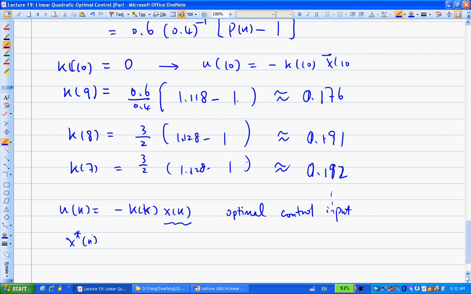And x of k has to be calculated based on the original discrete equation. If you calculate the results here, that's what we call the optimal state, so I'll use a star here. The optimal input and optimal state result in this minimized cost function. So that's the typical procedure here.